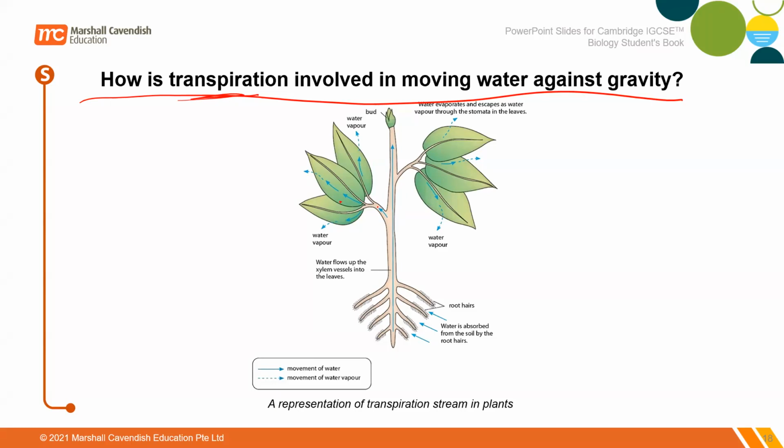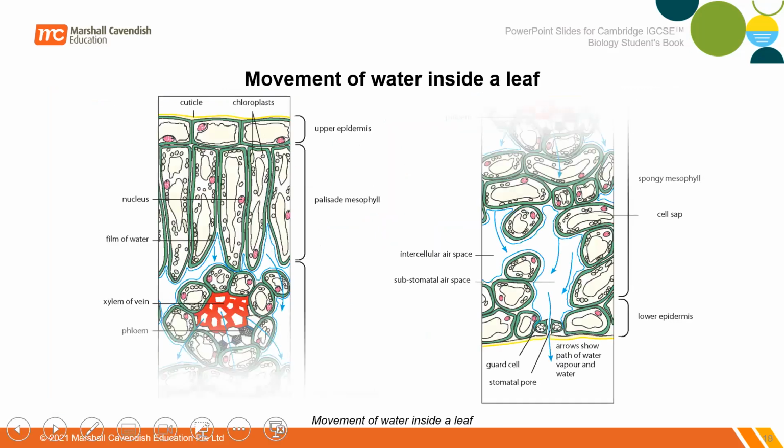If we are making a concentration gradient because there is a loss of water from the leaf, so there will be less water potential and high water potential, so water will move to the next cell, to the next cell, to the next cell. So water will be absorbed already from the soil. So without transpiration, we cannot absorb more water from the soil.